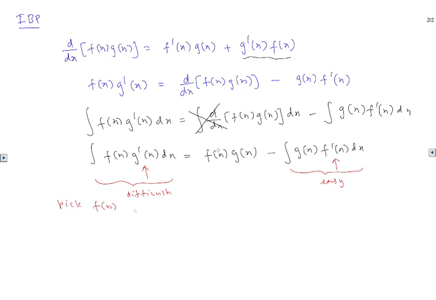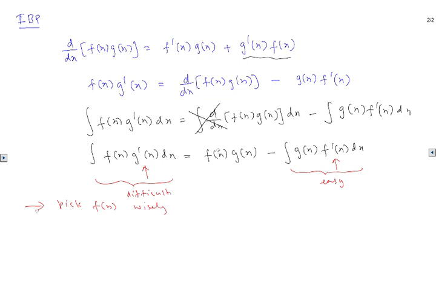So once you pick f(x) properly, you get an easy integral compared to the original integral. That's the idea going behind it. So you transform a difficult integral into an easy integral.